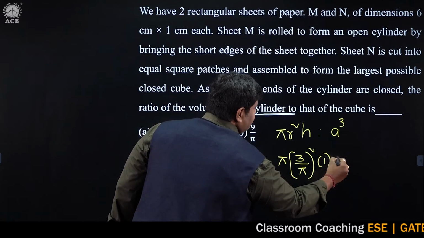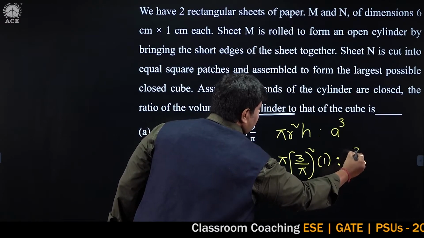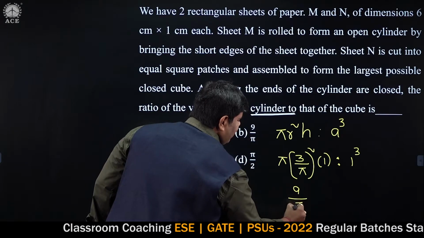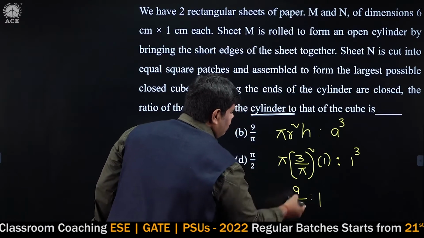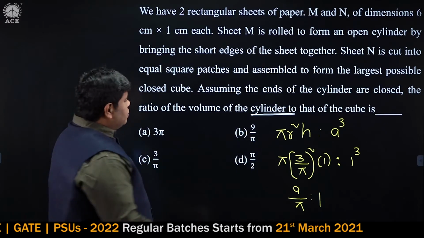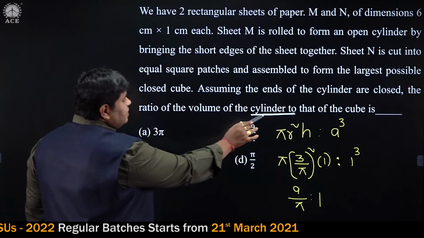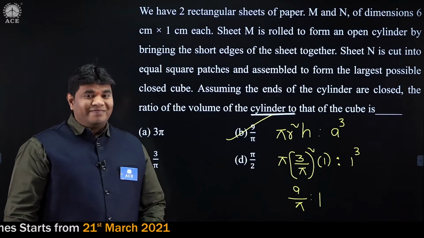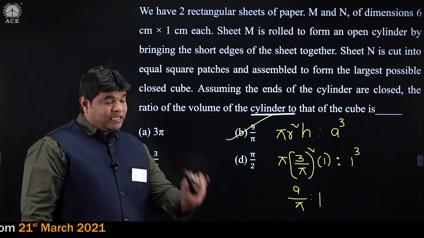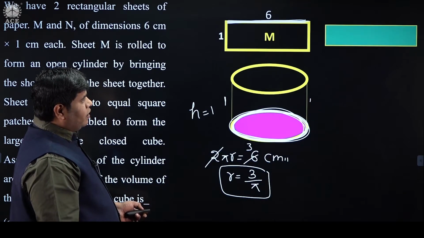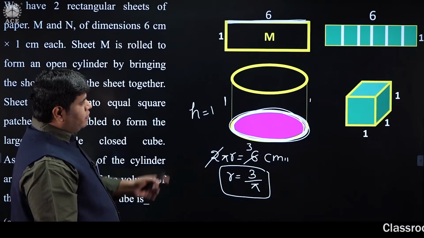What is the edge? 1 cube. After the simplification, 9 by pi is to 1. So what is the problem? The ratio of the volume of the cylinder to that of the cube is 9 by pi. This is the answer. Once again, confirmation.